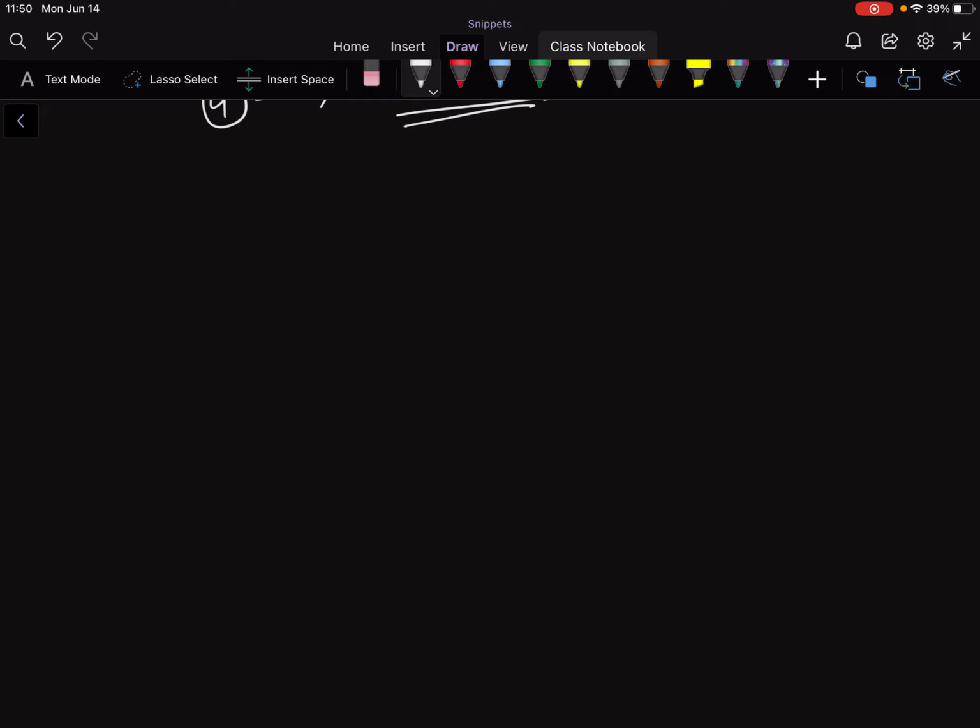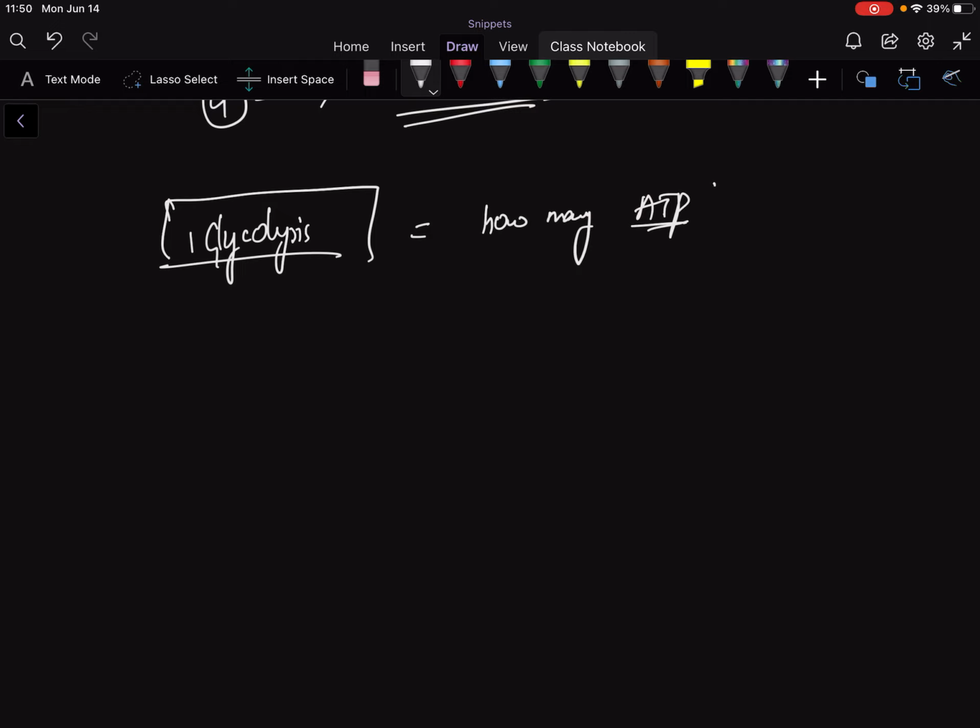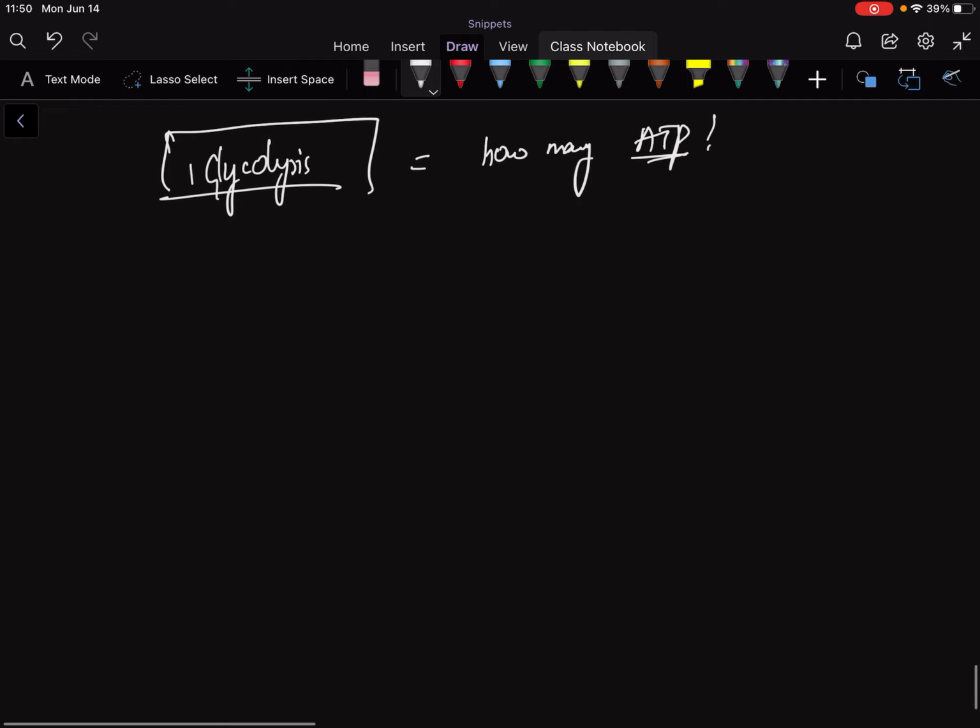So we will see what is happening here. How many ATPs are produced in one glycolysis cycle? You will be thinking, how many? First, glucose is converted into glucose 6-phosphate.